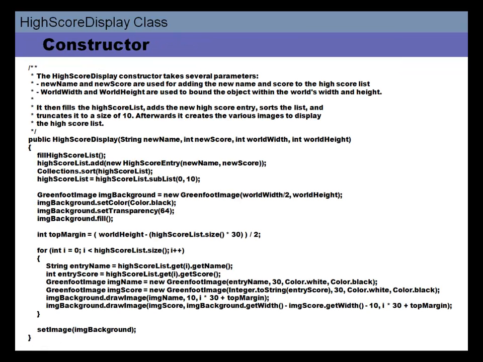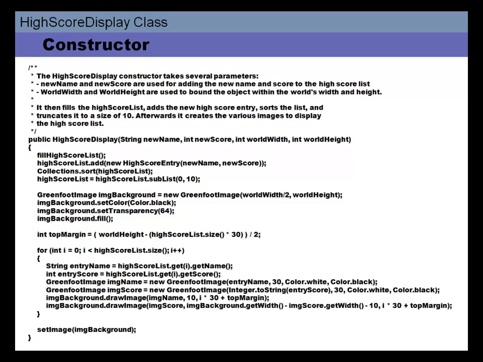The constructor takes 4 arguments, the player's name and score, and the world width and height. It then calls fillHighScoreList, adds the player's name and score as a HighScoreEntry object, sorts the list, and truncates its size to 10 entries.